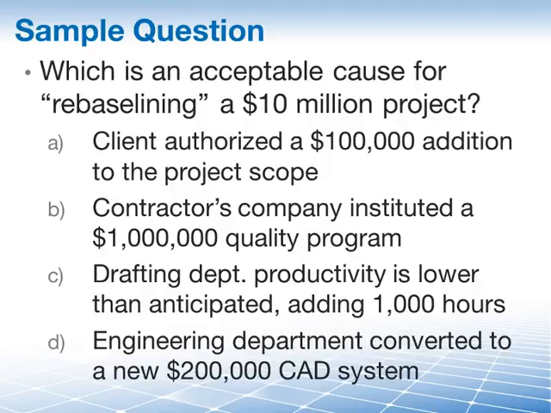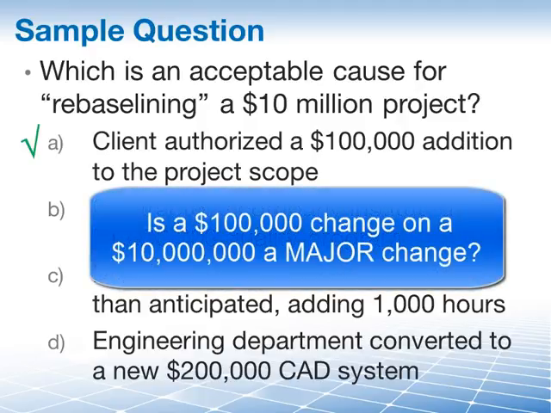The answer is, of course, that it is A. The client has authorized a $100,000 addition to the scope of the project. Why would you want to do it there? Because just on the previous slide we have heard that it has to be a major change request that may lead to a change in your baseline.